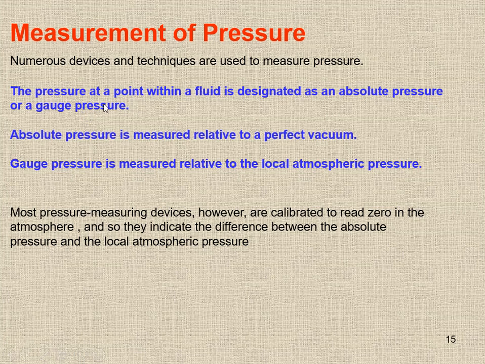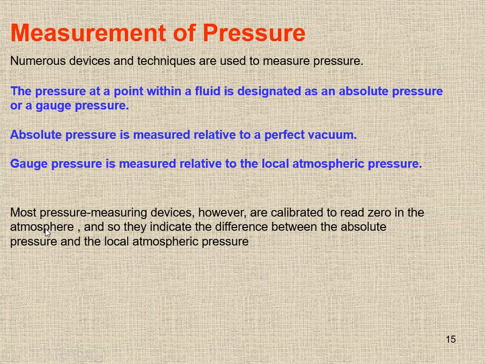Gauge pressure may be negative or positive, and negative pressure is also called vacuum pressure. Absolute pressure is measured relative to a perfect vacuum, and gauge pressure is measured relative to the local atmospheric pressure. Most pressure measuring devices, however, are calibrated to read zero in the atmosphere.